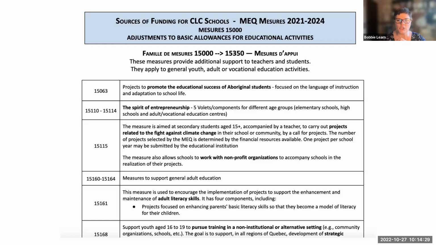Mesures provide additional support to teachers and students, apply to general youth, adult, or vocational educational activities. So you see that, promote the educational success of Aboriginal students, the spirit of entrepreneurship. There's one that's related to the fight against climate change. So depending on what the need is in your building, you can find a mesure that is targeted specifically to that need.